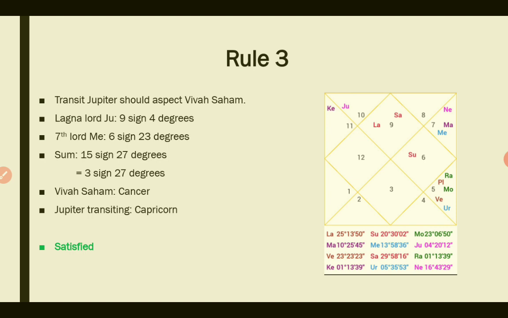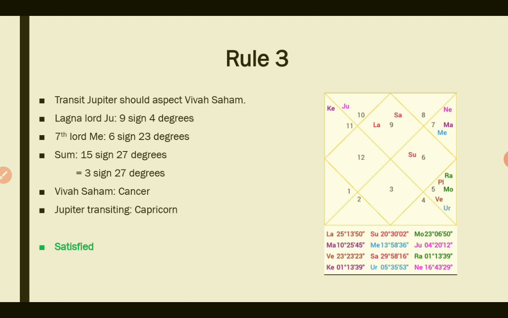Similarly, the 7th Lord Mercury is placed in Libra. From Aries, Mercury has travelled 6 signs and 23 degrees. Now we add up both. Adding both, we get 15 signs and 27 degrees.